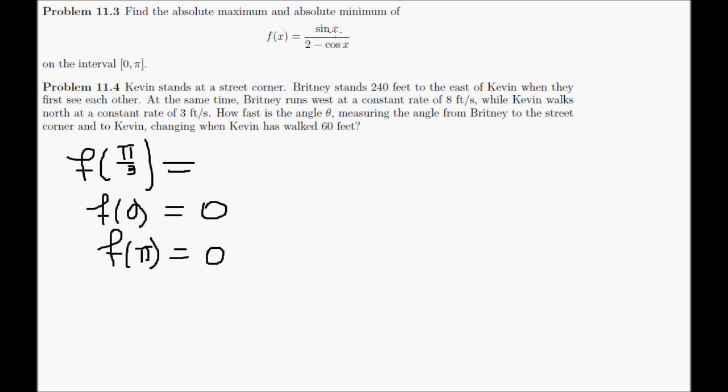Pi over 3, sine of pi over 3 is square root of 3 over 2, divided by 2 minus the cosine of pi over 3, which is 1/2. So we end up with square root of 3 over 2 divided by 3/2, which makes square root of 3 over 3.